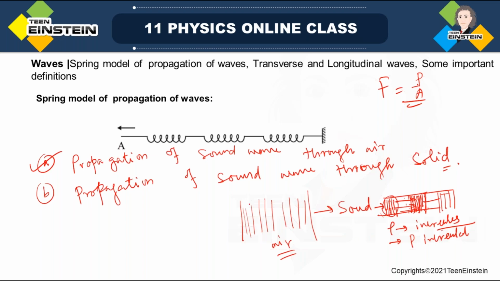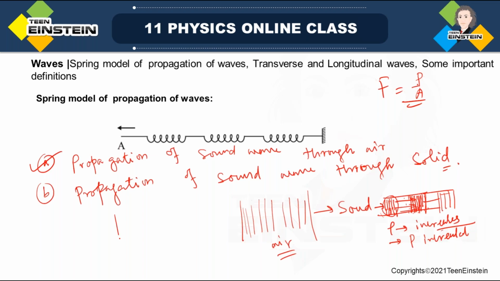Now if the density of air molecules decreases, then it is called rarefaction. So compression and rarefaction. When the density of the region of air molecules or gas molecules in the air decreases, then it is called rarefied.